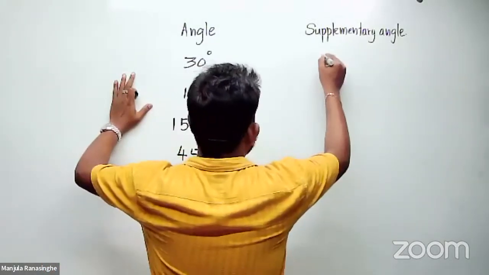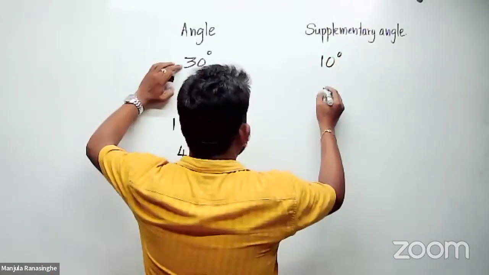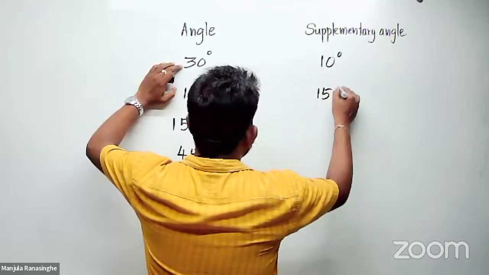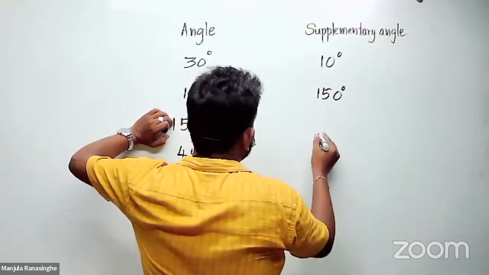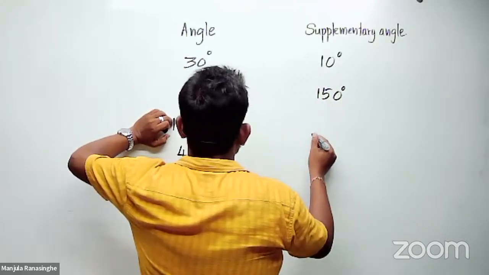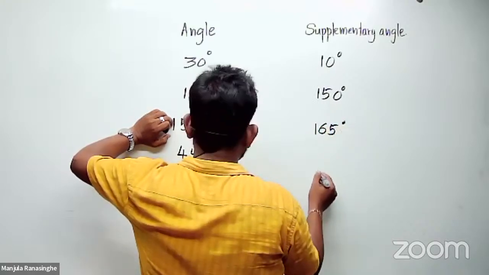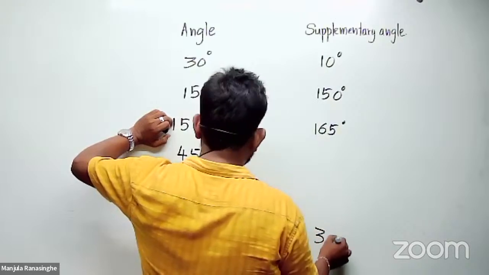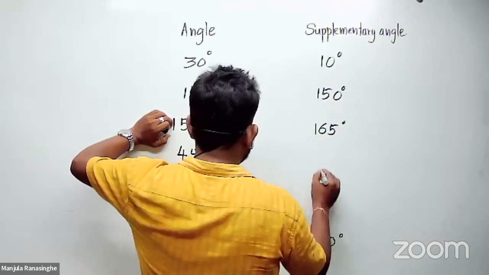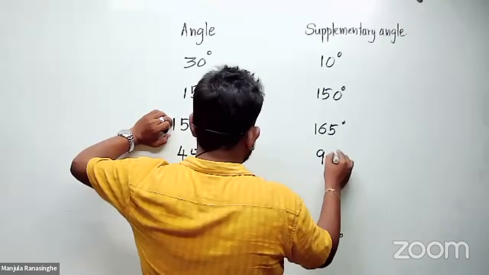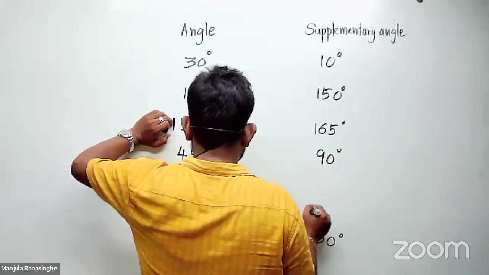So here it gives you 10 and here it gives you 150 and here it gives you 165 and here it gives you 30 and here it gives you 90 and here it gives you 135.